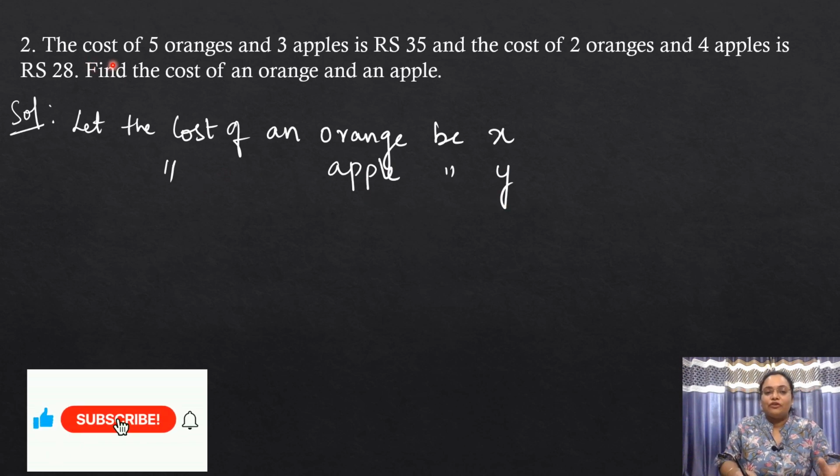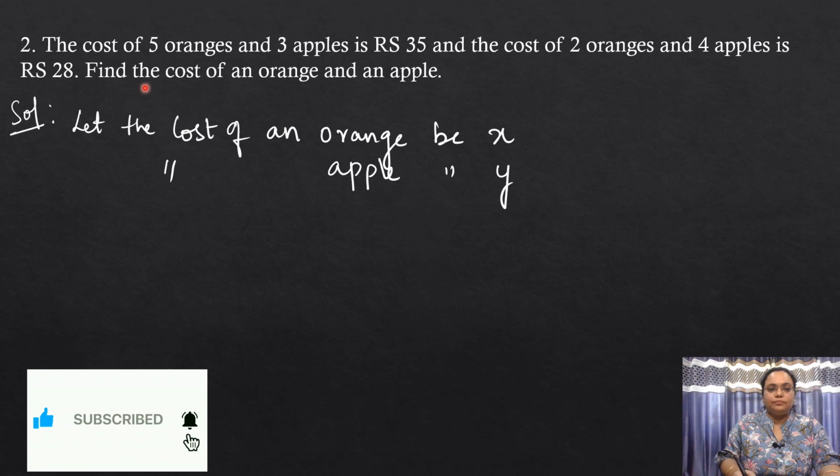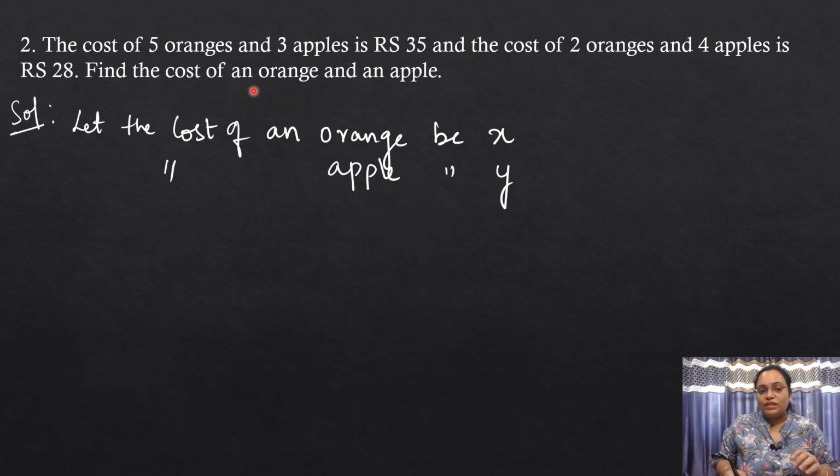Now let us form the equations. The cost of 5 oranges and 3 apples is rupees 35. If the cost of 1 orange is x, what will be the cost of 5 oranges? It will be 5x, right? 5x plus, the cost of 1 apple is y, what will be the cost of 3 apples? It is 3y.